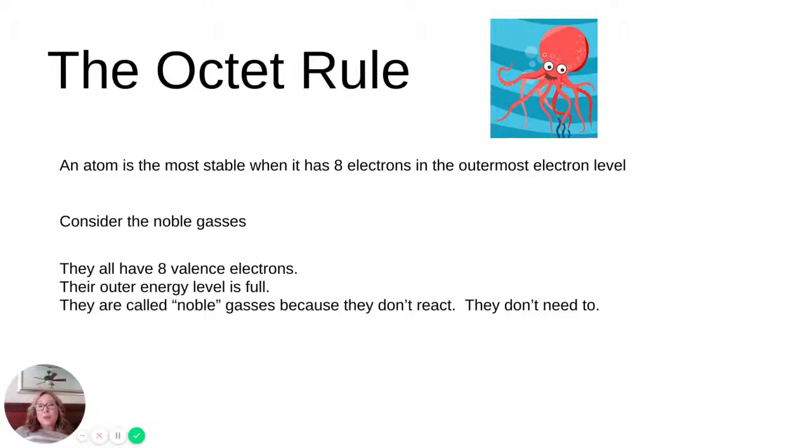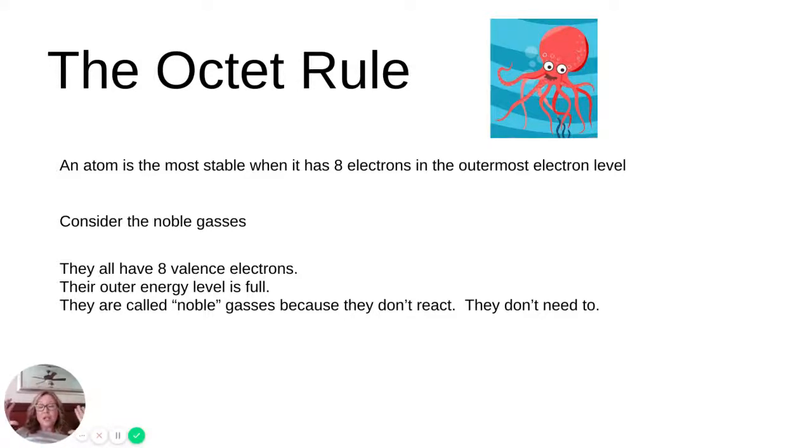They actually were some of the last elements to be discovered on the periodic table because they don't interact. And they don't interact because they don't need to. They are fully content. They have a full energy level in their outer level. They are happy and they are content. But all other elements strive to get that octet, to get those 8 electrons in their outer level.